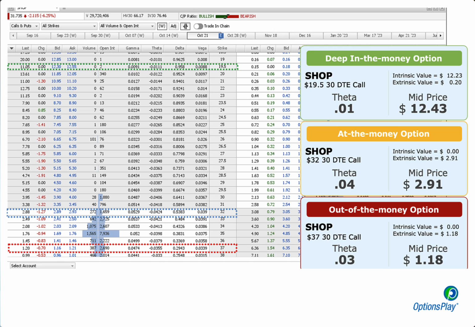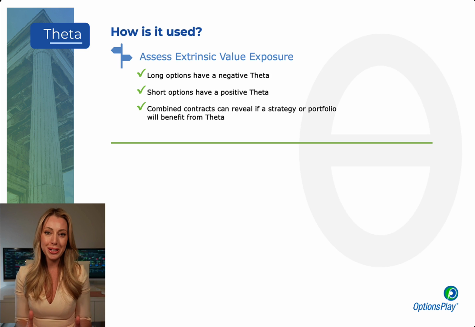And this makes sense. As the option moves deeper into the money, we know that delta magnifies and the option begins to act like the stock. So it's at its destination and that extrinsic value is depleted. And the same occurs if you're really far out of the money. Yes, the option's premium is made up of only extrinsic value, but you have a long way to go before it's actually profitable.